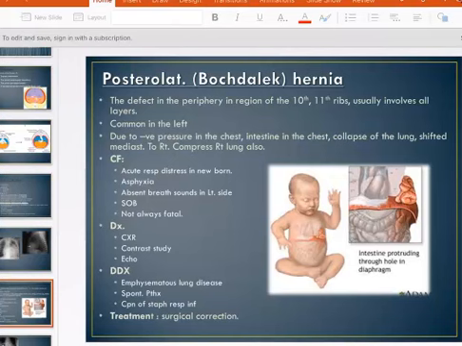After that, you close the diaphragm and put a chest tube inside the left thoracic cavity. Because of this development, you should not close the abdomen, only the skin of the abdomen, because the abdomen will have a scaphoid appearance.